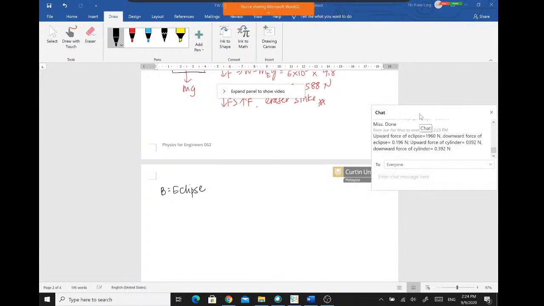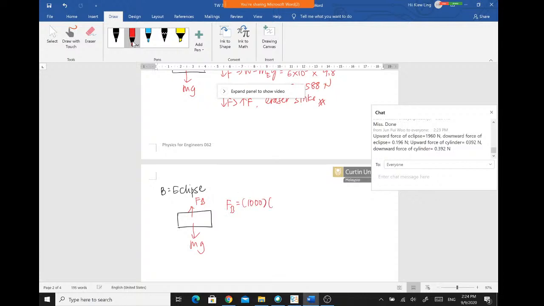Okay, so again, draw the free body diagram. So the upward force will be equal to rho Vg, 1000 times the volume.